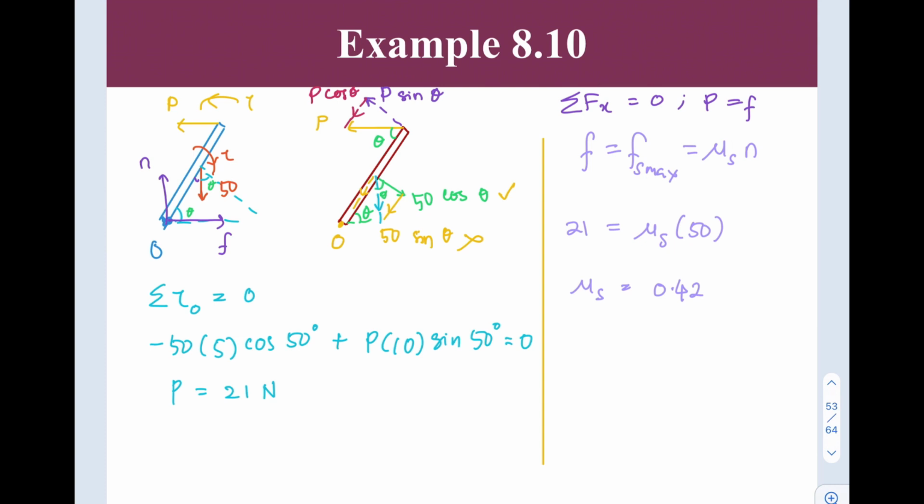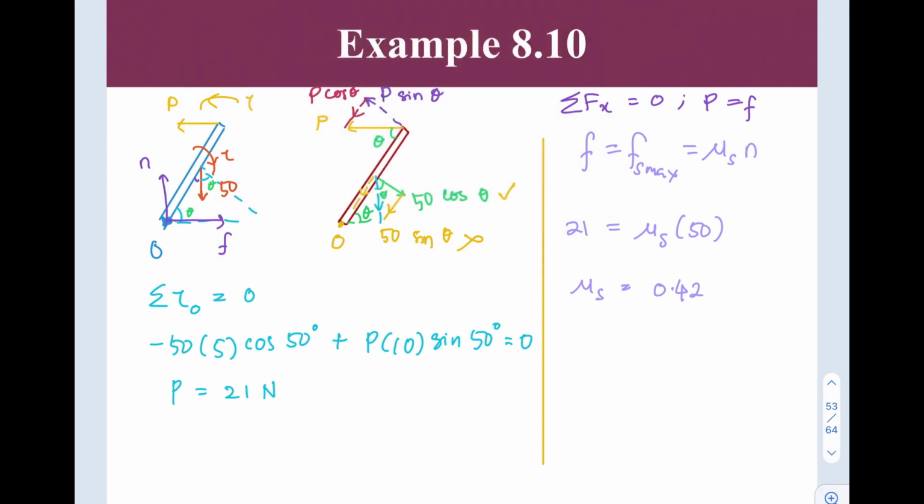Yes, you have to calculate. The tendency to rotate is clockwise for 50 cos theta, so we have negative 50 cos theta times the distance D, which is half the length of your ladder, which is 5. It's negative because it is clockwise. Now for P as well, we have components: P sin theta and P cos theta.